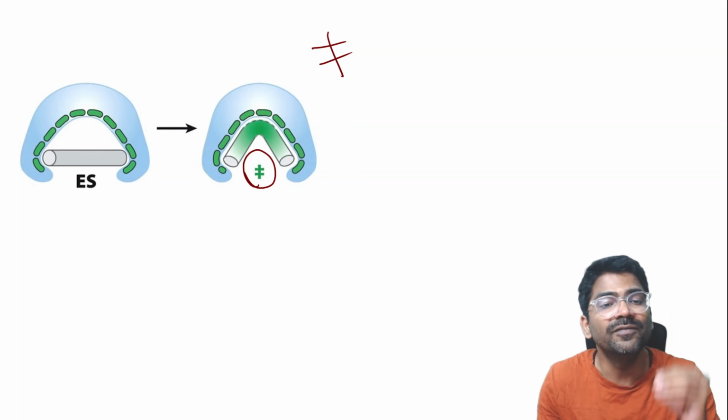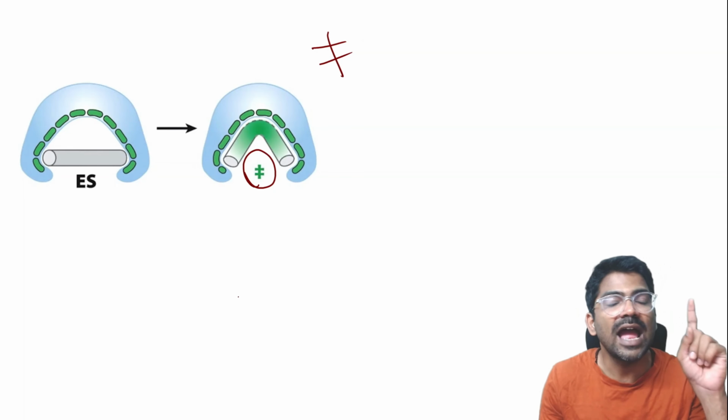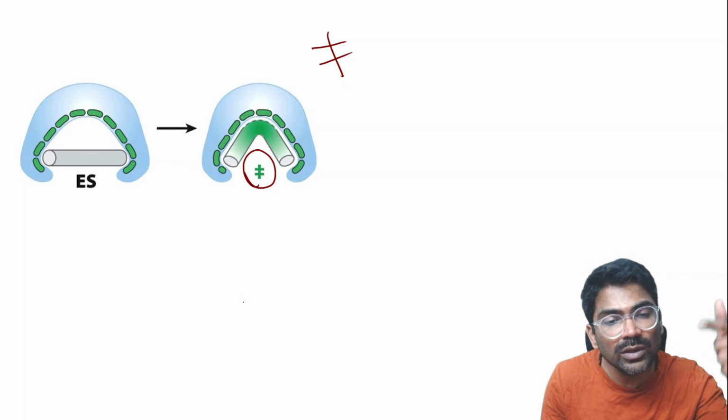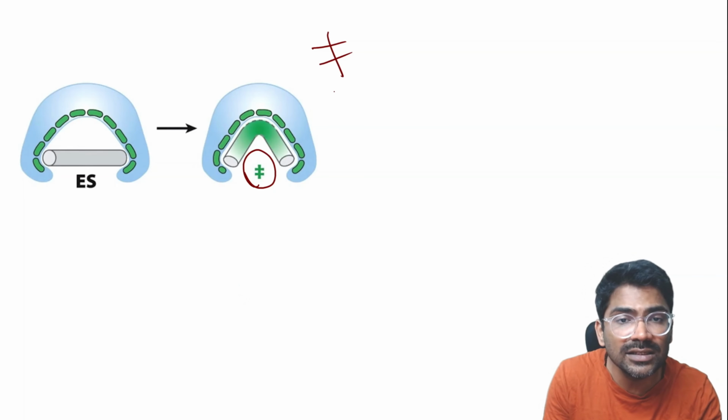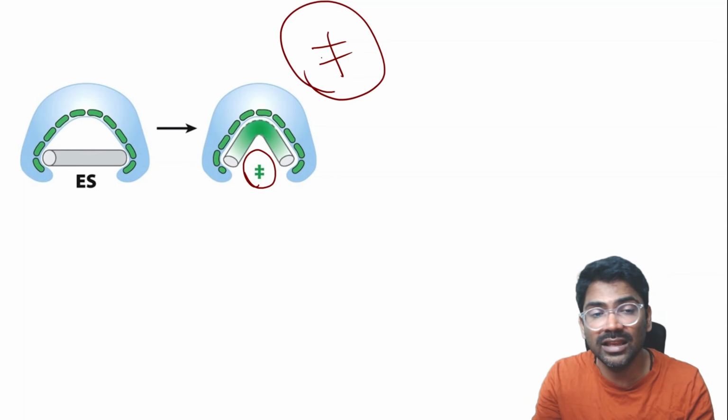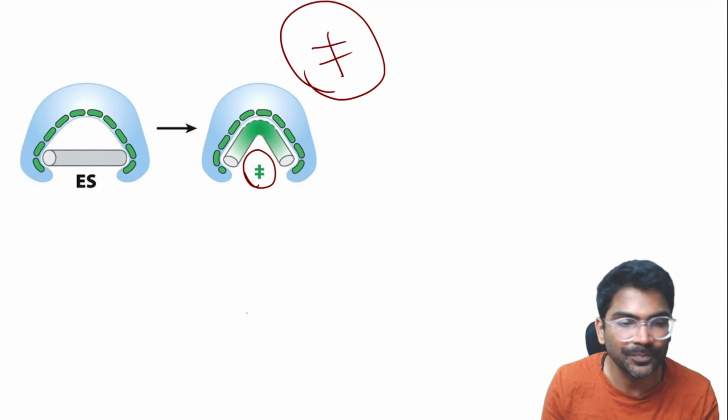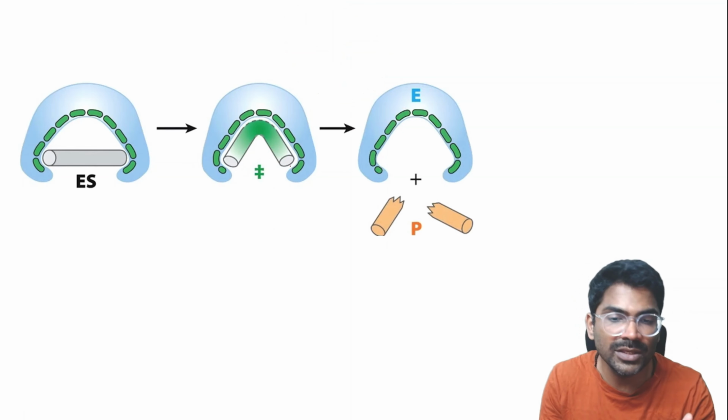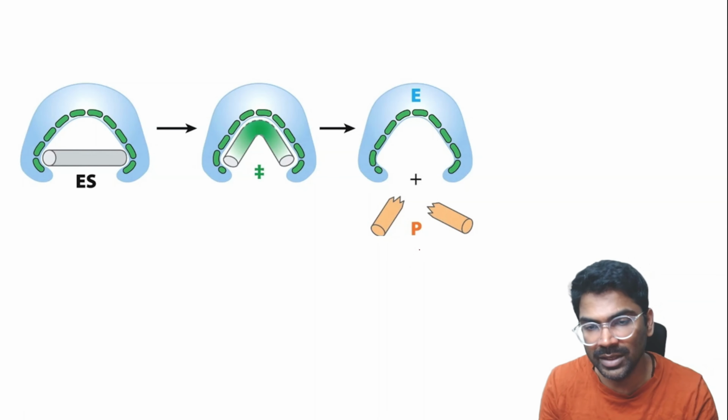Here, let me tell you a very important point. The active site of enzyme is actually complementary to the transition state rather than the substrate. Okay, so transition state is stabilized, which finally leads to formation of product based on the thermodynamics.